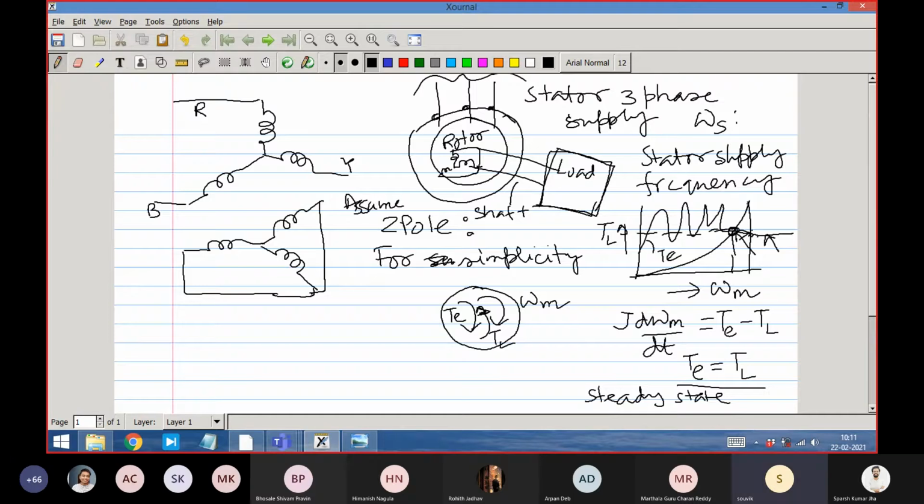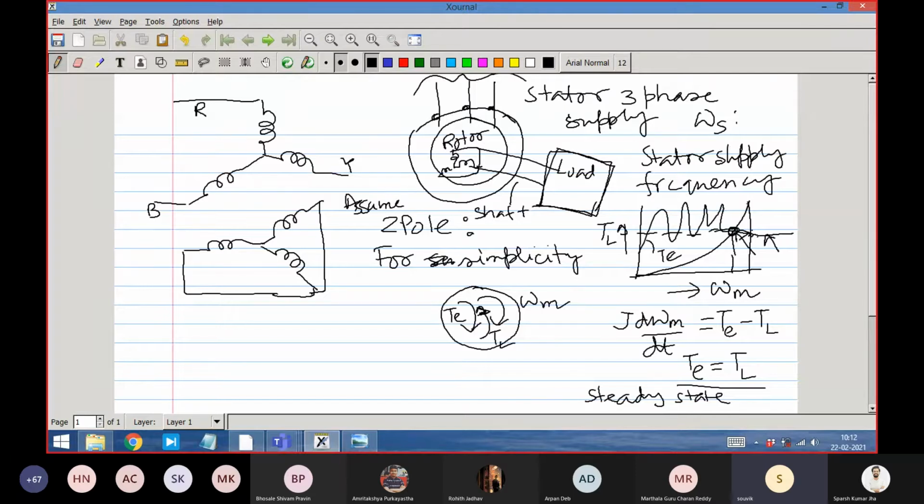Yes, sir. Right? You understand it. It cannot deviate from that point, neither to the left hand side nor the right hand side. If it deviates to the right hand side, you see that the electromagnetic torque is less than the mechanical load torque. Therefore, its speed will reduce. If the load torque is more than the electromagnetic torque, d omega_m by dt is negative.